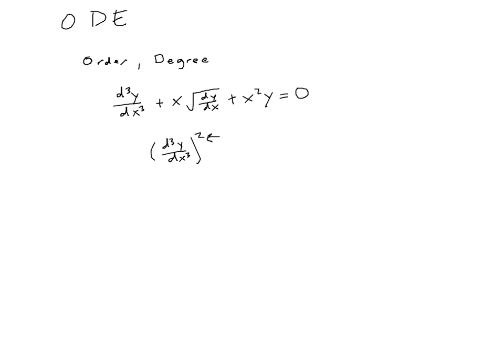Because it's squared, this is called a second degree equation. But also, because there's a third derivative here, this is a third order equation.